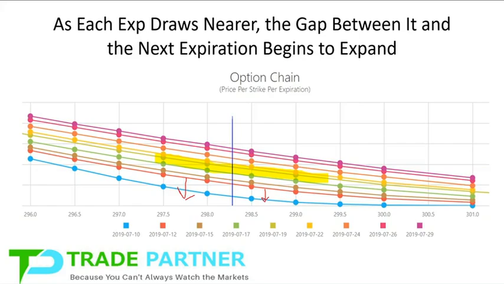You're going to see a gap begin to increase between the red and the brown option expiration, which is Friday, Monday. And all of them will move down to some degree, because time will have passed. When I say down, I mean in relation to one another.